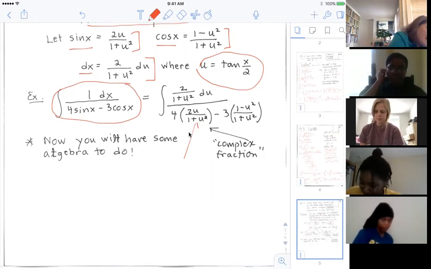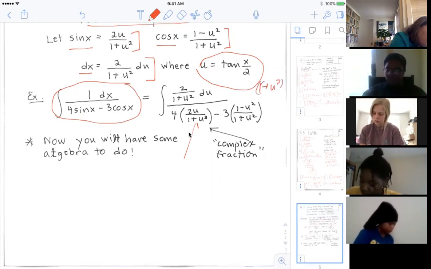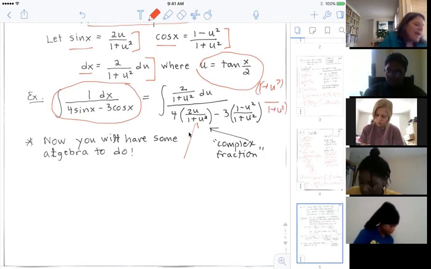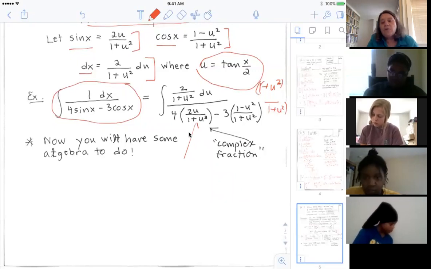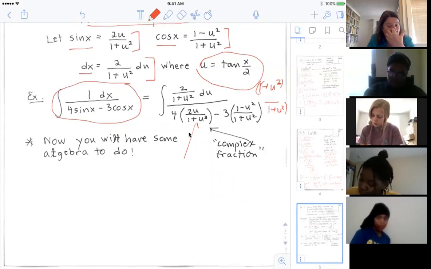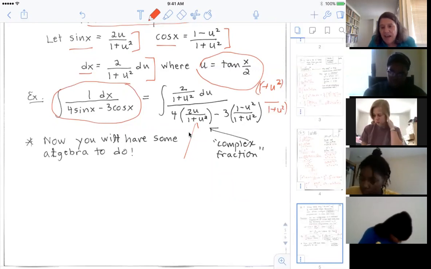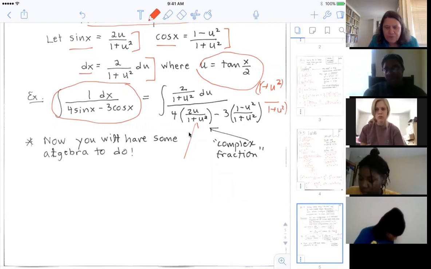I'm going to multiply the top by 1 plus u squared and the bottom by 1 plus u squared. And that's multiplying by a disguised 1. It doesn't look too good, but you see 1 plus u squared over 1 plus u squared is 1. I'm just changing the form. See the algebra there? I think with you guys that I had in Math 20, we called it complex fractions. I'm showing you a simple way to do it.